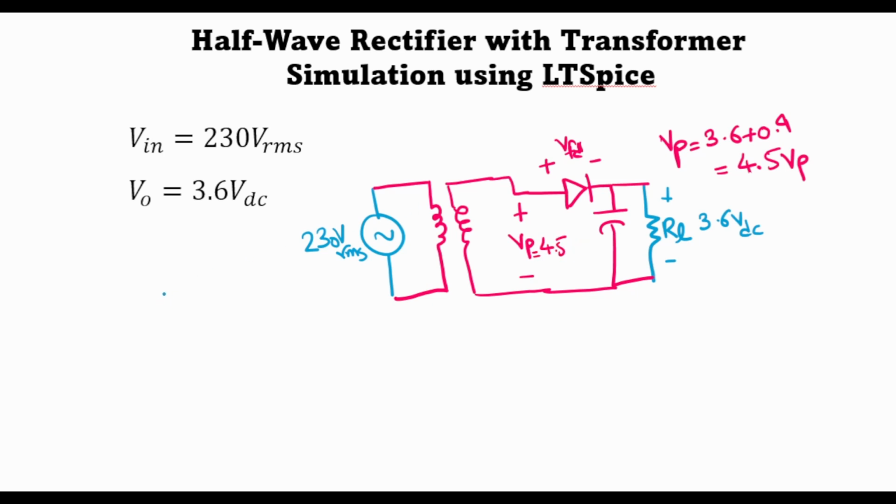So let's convert the input voltage as well from RMS to peak, which can be done by multiplying with square root 2. So this equals 325 volts. So we need a transformer which converts 325 volts peak to a secondary voltage of 4.5 volts peak.